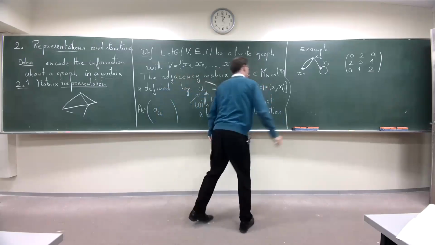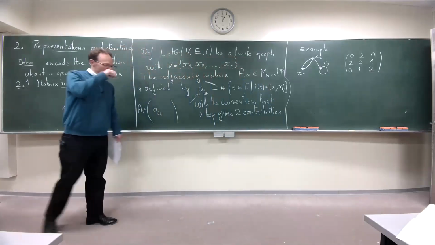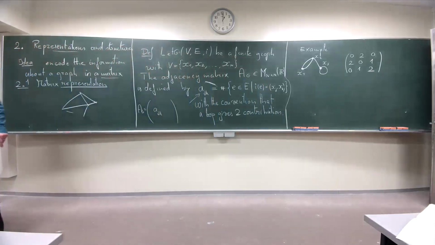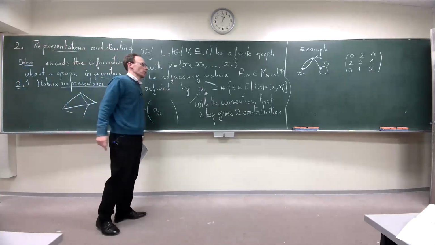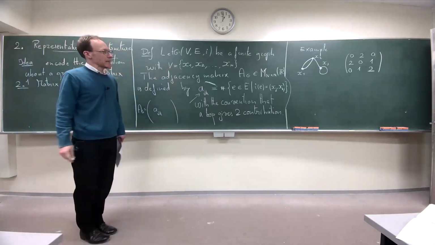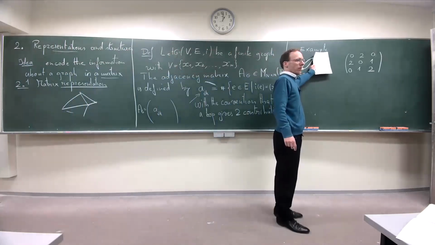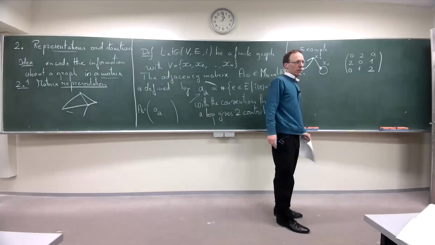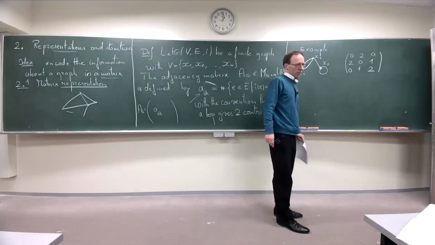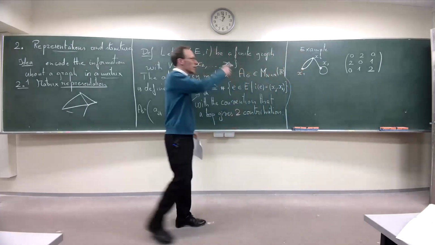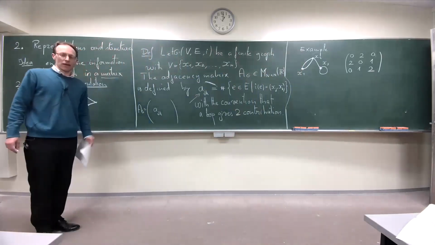This definition, I take this. For some reason, later we will also use a convention that it's only 1. So you have to know the convention. It's not universal. You have to check what you do with the loop. But check now: if somebody gives you this matrix, you can reconstruct this graph. So it means this contains everything.